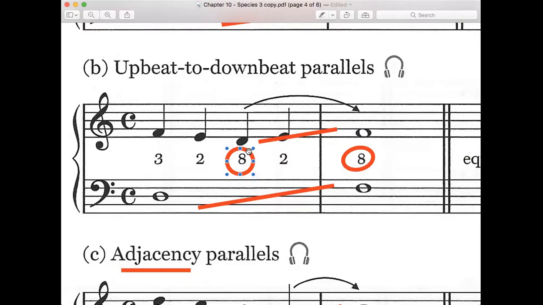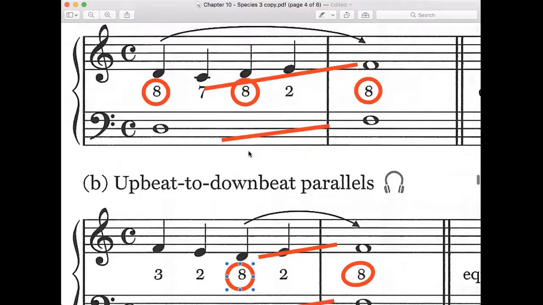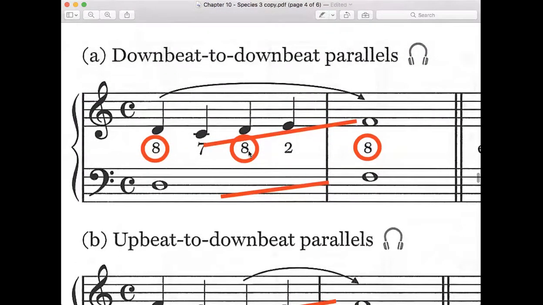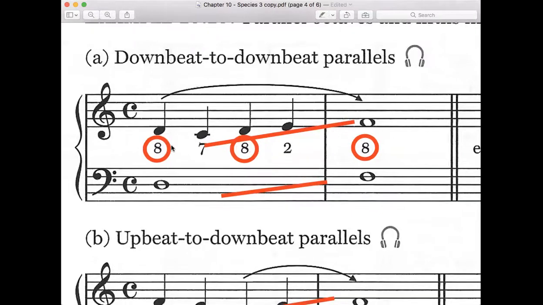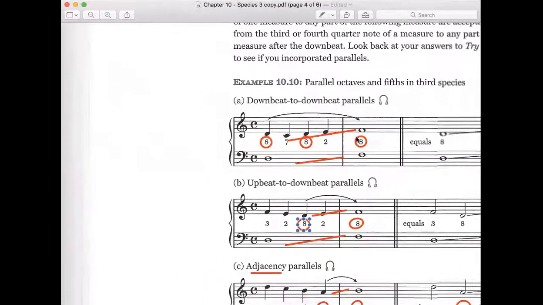Okay, that's slightly harder to catch. And even more removed is from downbeat to downbeat. So again, you will not have this problem if you're using species 1 as a framework, because you will have worked out, where am I headed next? Where's my next goal? And you will have worked out a place to go that is not problematic. So if you start with that framework, this downbeat to downbeat problem should not be the case.